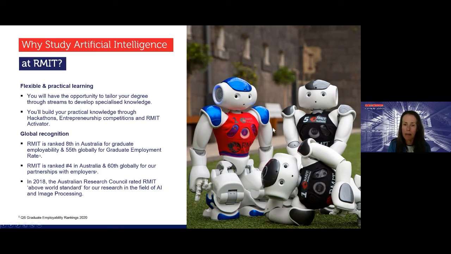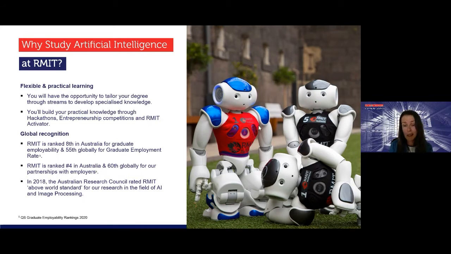It's ranked 8th in Australia for graduate employability and 55th globally for graduate employment rates. That's from 2020 figures, which is a great statistic there. And RMIT is ranked #4 in Australia and 60th globally for our partnerships with employers, and that's certainly something that I've been really impressed by with my move here: the industry engagement, relationships with employers, and approach to employability in general, actually.